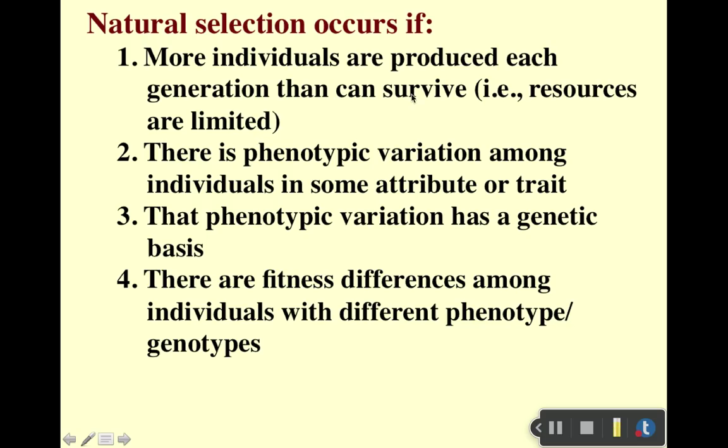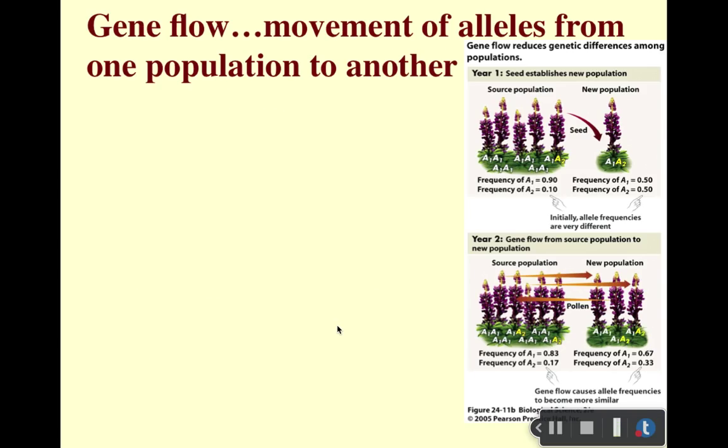Okay, but again, more individuals are produced than can survive. There's some phenotypic variation among individuals in some trait. Also, that variation has to have a genetic basis so that it can be passed on to subsequent generations, and there might be fitness differences among individuals with different phenotypes or genotypes. So again, those are the basic components of natural selection.